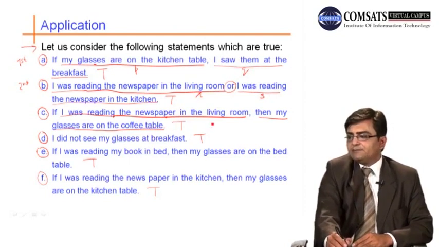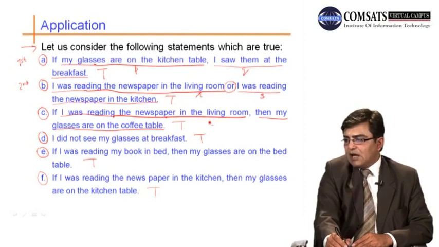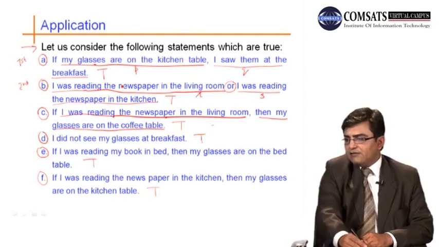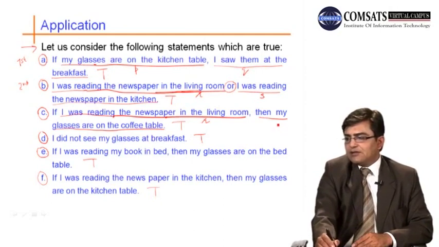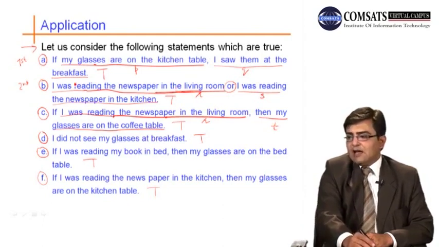I was reading the newspaper in the living room. Again this is R, because we have supposed this statement as R. Then my glasses are on the coffee table, this we suppose T. Here I hope you understand.